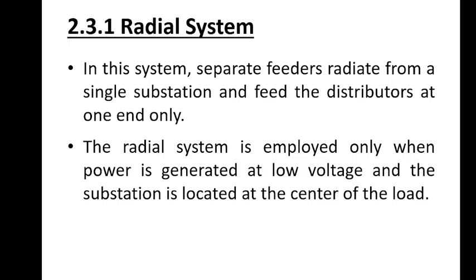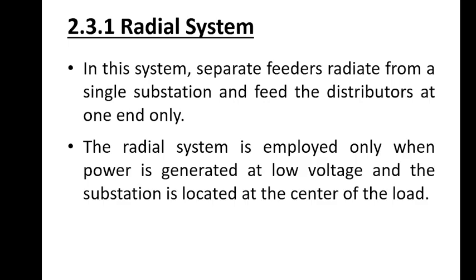All right. This slide also describes the radial system of distribution, which is the simplest scheme of connection. In a radial system, individual feeders extend outward from a single substation and supply power to distributors from one end only, meaning that each load is fed through a single path.